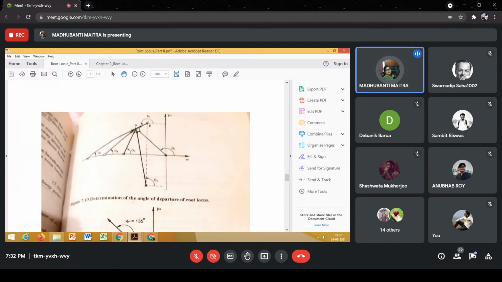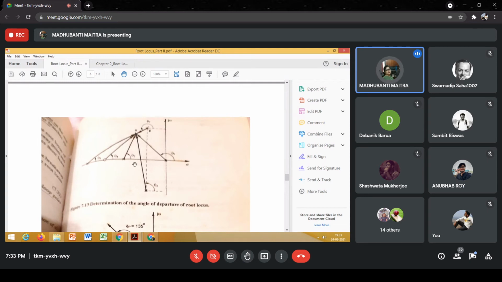So at this point, listen carefully, the net angle contribution by all other open loop poles and zeros, excepting this one, will be some phi. Write it down: phi is equal to theta 4 minus theta 1 minus theta 2 minus theta 3 minus theta 5.